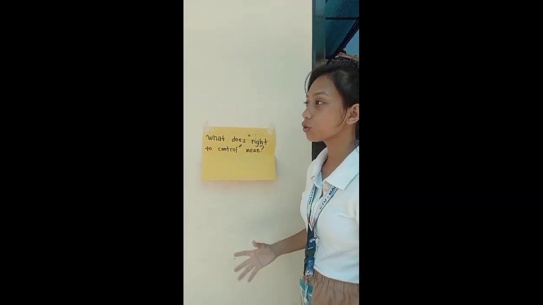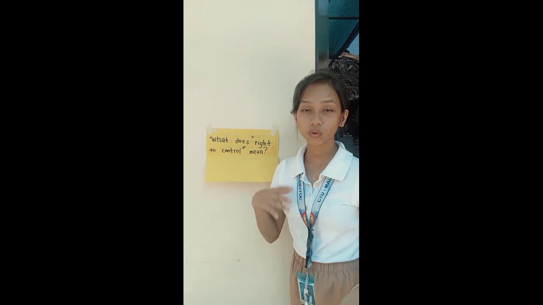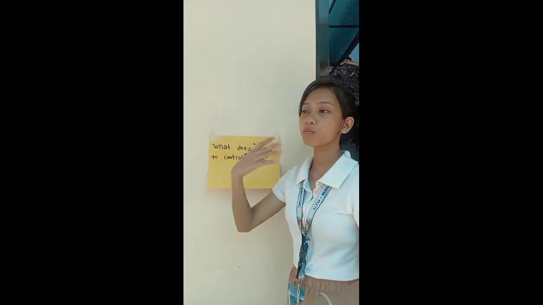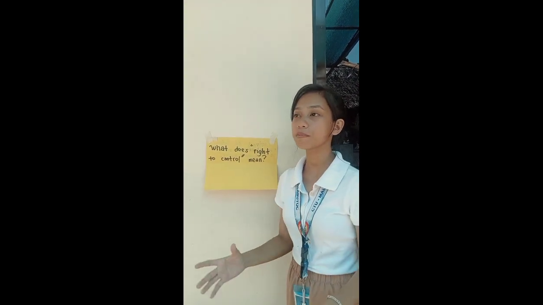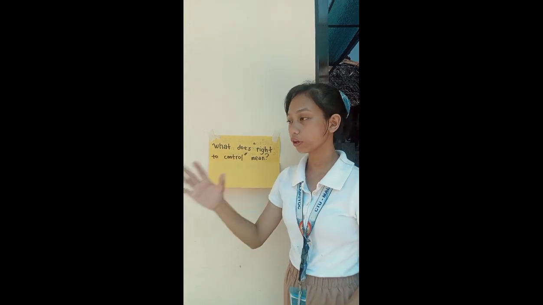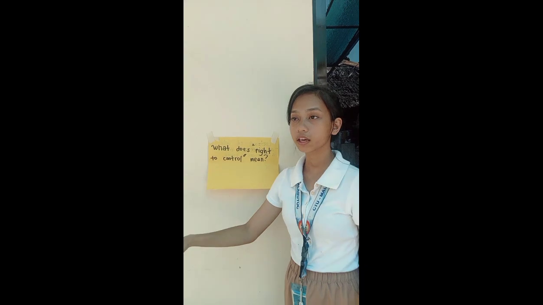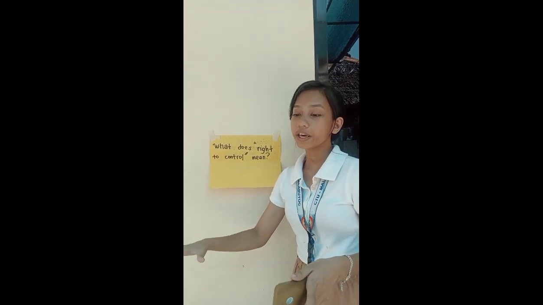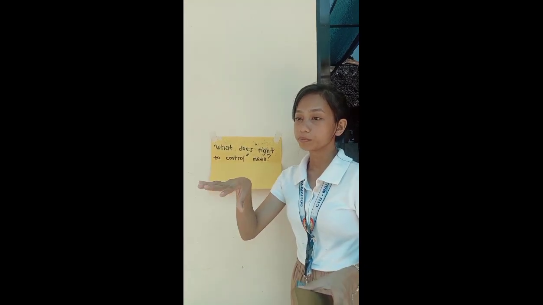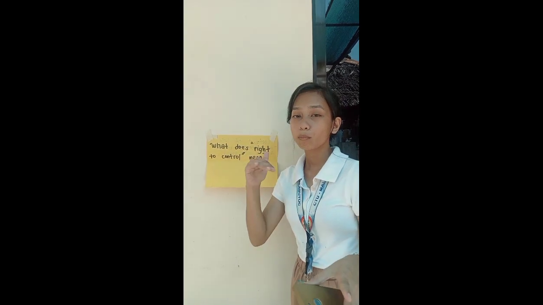What does right to control mean? So right to control is like you have the authority over someone. For example, an employer and an employee. An employer has control over an employee. So an employee is ano siya, mubo siya sa employer.